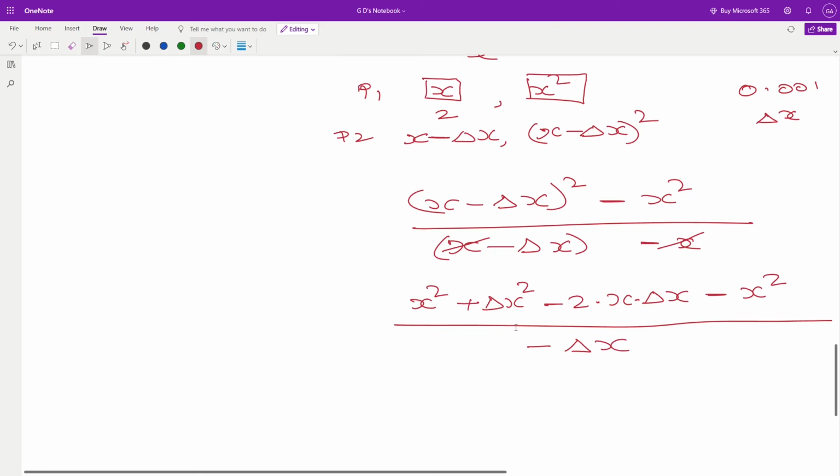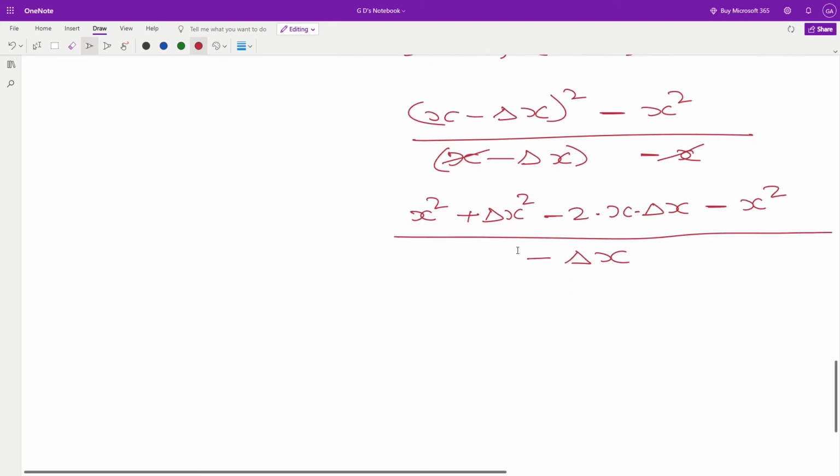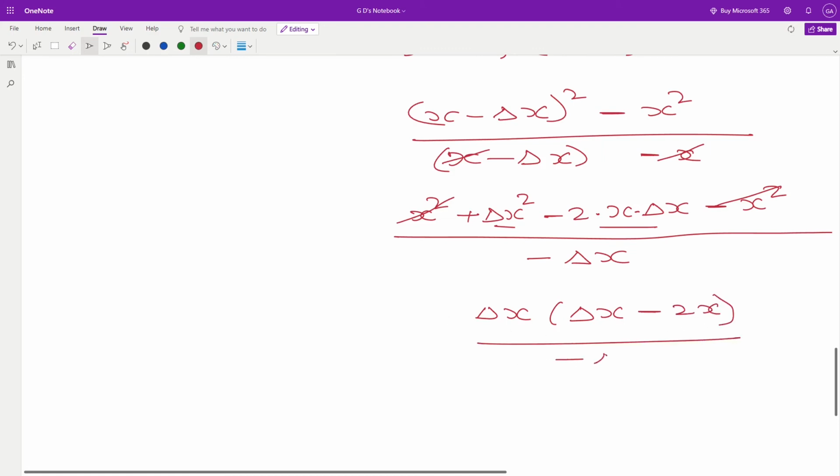If I take delta x common from these two terms, you can see this x square will be cancelled. Delta x will become (delta x minus 2x) divided by minus delta x.